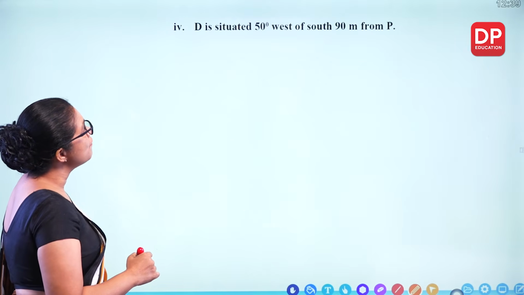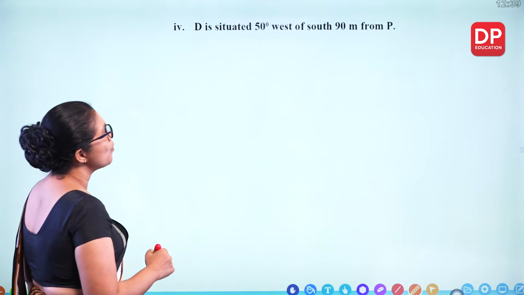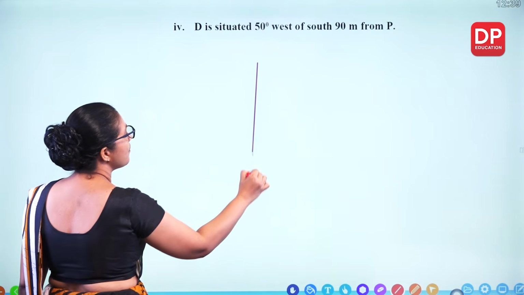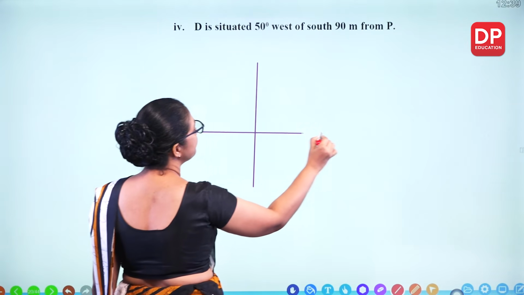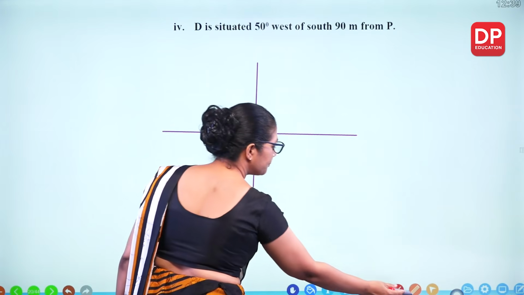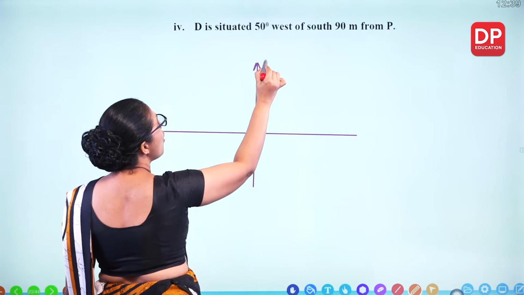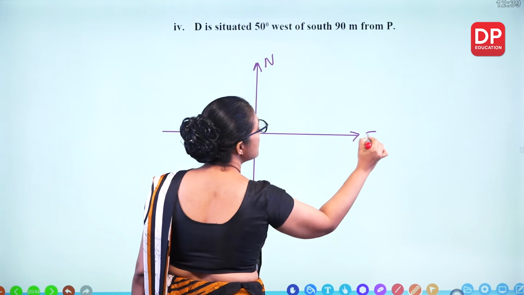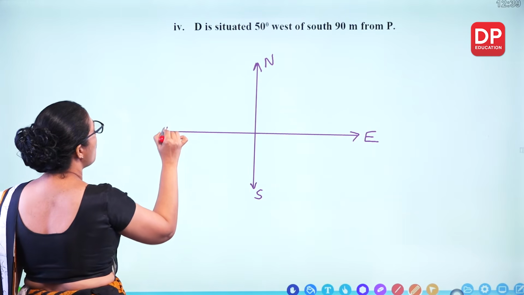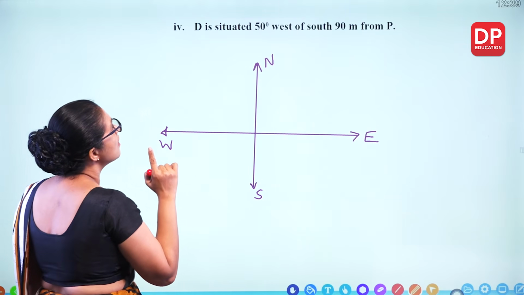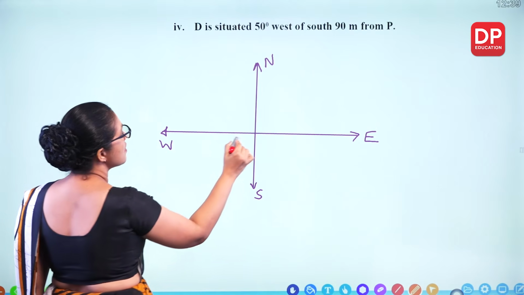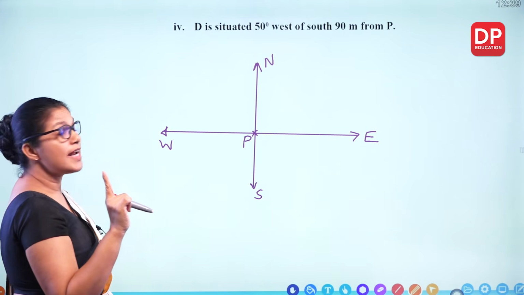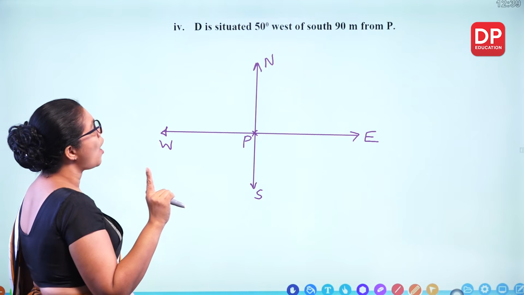D is situated 50 degrees west of south, 90 meters from P. Main directions: north, south, east, west. So 90 meters from P. What's the angle? 50 degrees west of south.